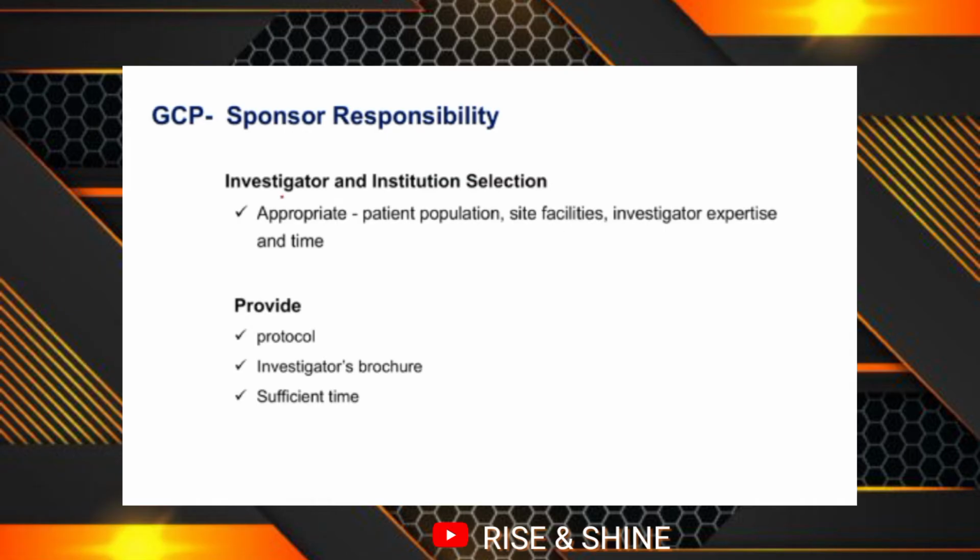Another responsibility is selection of the investigator, you say the PI, and the institute where this trial will be conducted, which site, which hospital. Who will be deciding that? Sponsor will be deciding, right? That's the reason site selection and all those things are the responsibility of a sponsor.